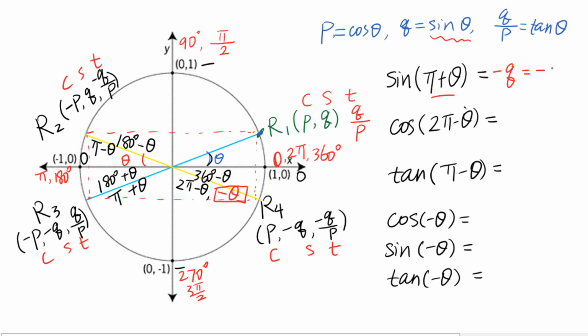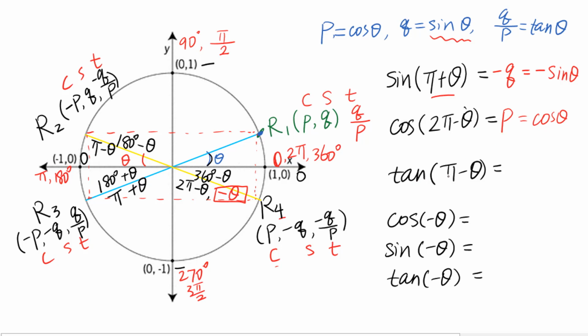Therefore, you will get negative sine theta. For cosine 2 pi minus theta, it's R4. CAST, cosine, you will get P. P is cosine theta. So you get cosine 2 pi minus theta equals cosine theta.